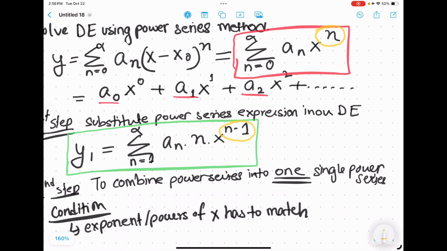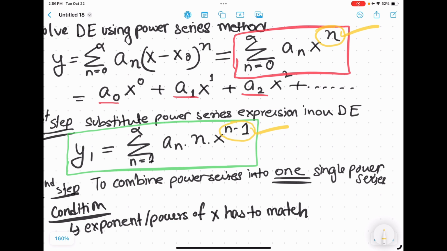One of the power series can't just have a power n and the other one n minus 1. They both have to be the same. Now, which one are we going to take? Are we going to change this one or this one?